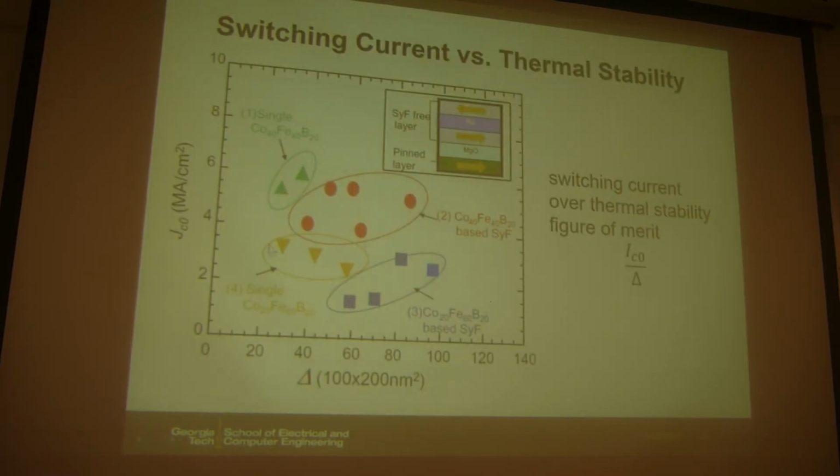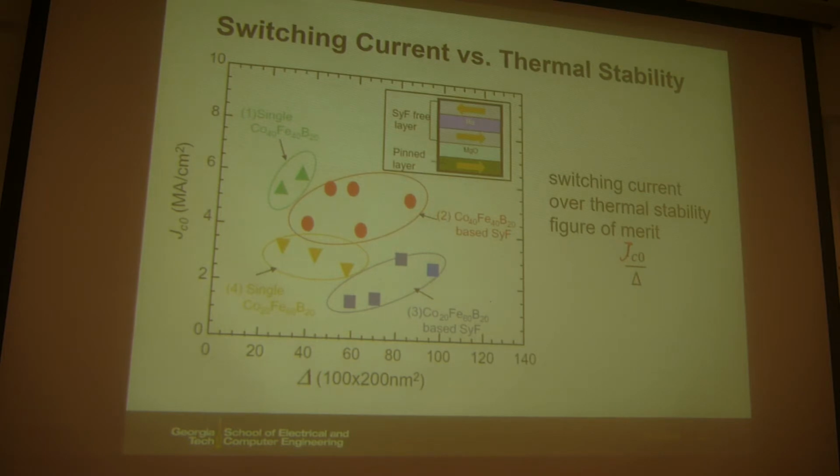As we discussed, there's a trade-off between the switching current and thermal stability. So a figure of merit will be the switching current density, maybe we use J, divided by the thermal stability factor. You will see this kind of trade-off.